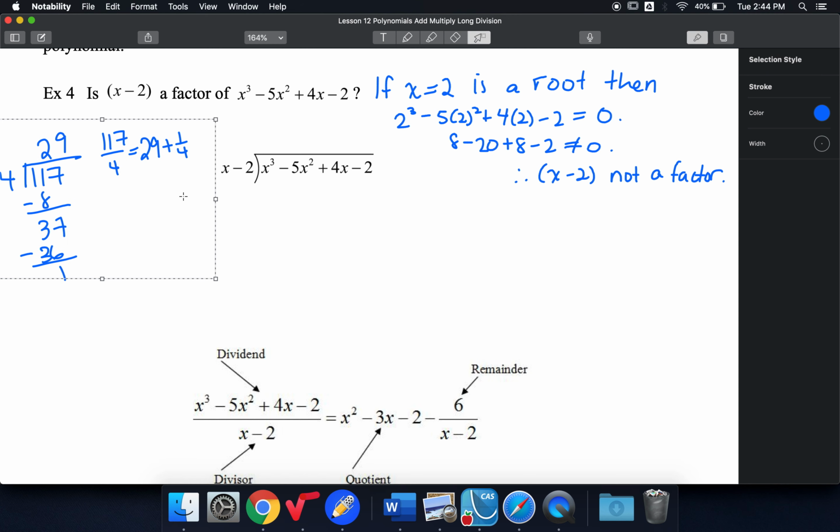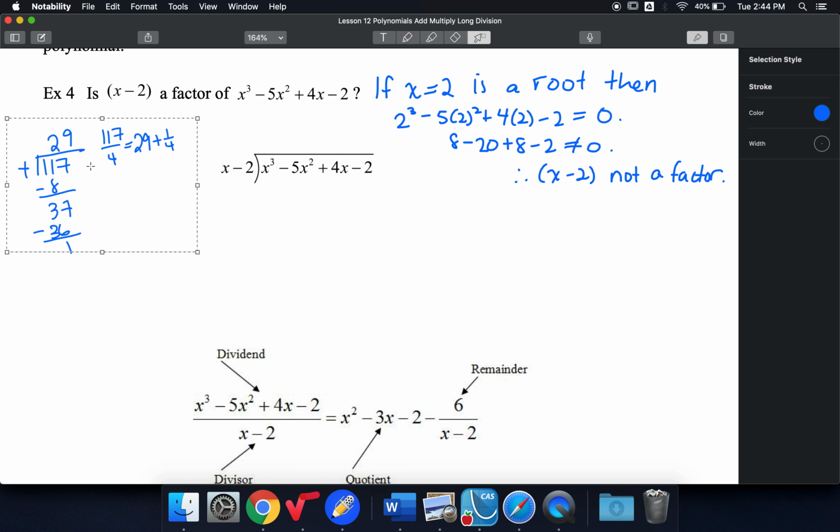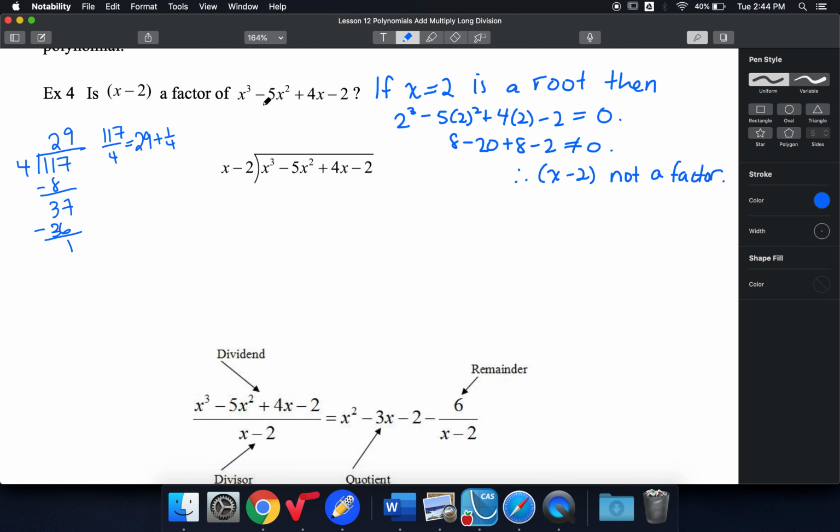The first thing I asked myself was, how many times does 4 go into 11? Or 4 times what gives me the closest thing to 11? So I'm going to start that by looking at my x. So x times what gives me x cubed? Well, I know that's going to be x squared, so I'm going to line it up over here above my x squared. And now I'm going to multiply x squared times x, just like we did with 2 times 4 gave us 8.